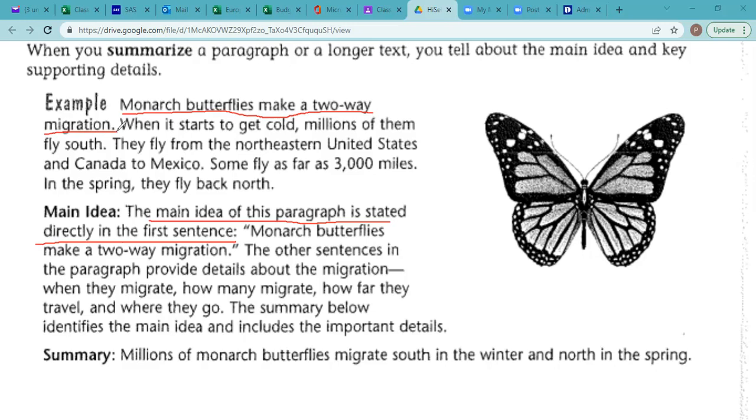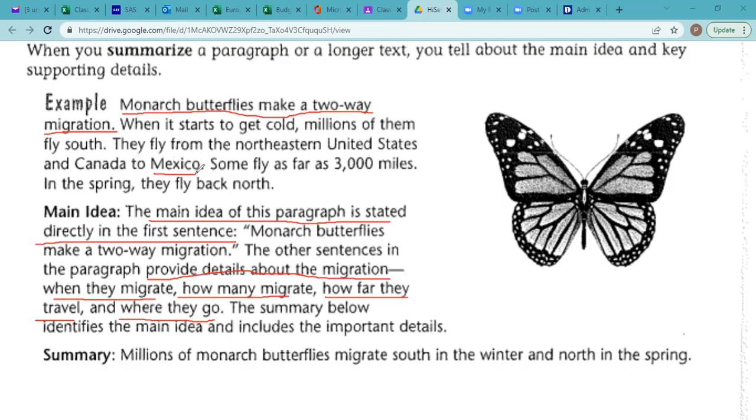So the other sentences in the paragraph are going to provide details about the migration. So maybe when they migrate, how many of them migrate, how far they travel, and where are they going? You know, it mentioned that they're going from the northeastern part of the United States and Canada, and they are flying to Mexico. So that's telling where they are going.